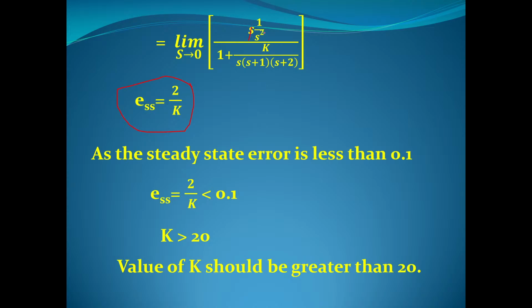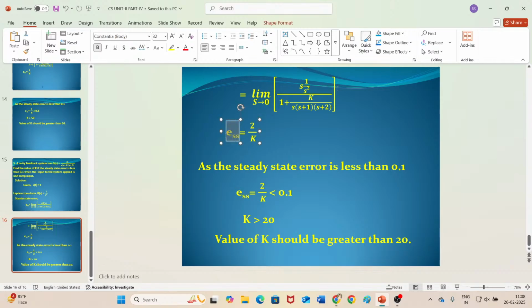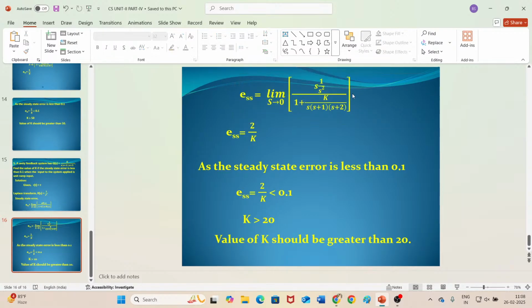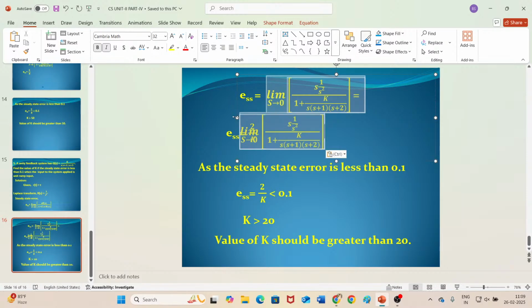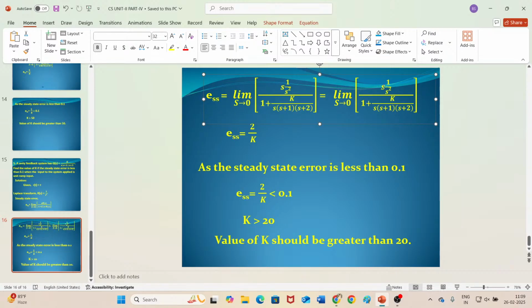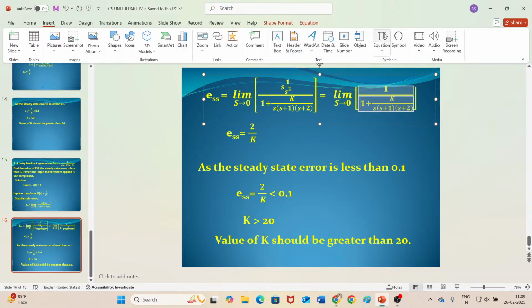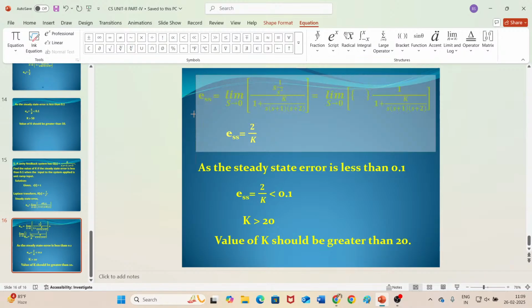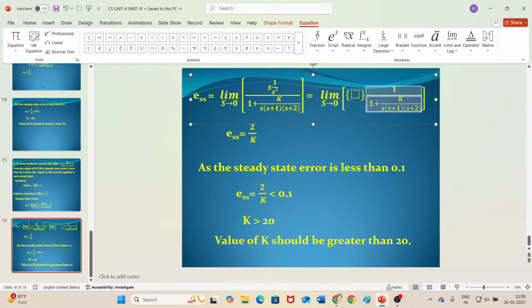Here s is there, and one s will be cancelled. So you will get 1 divided by s into the whole denominator, so I'm going to insert a bracket here.